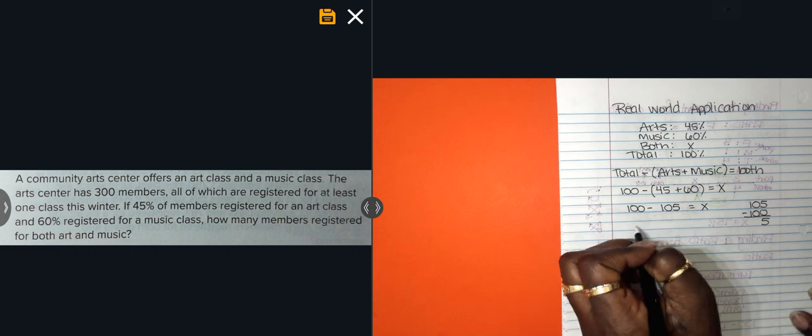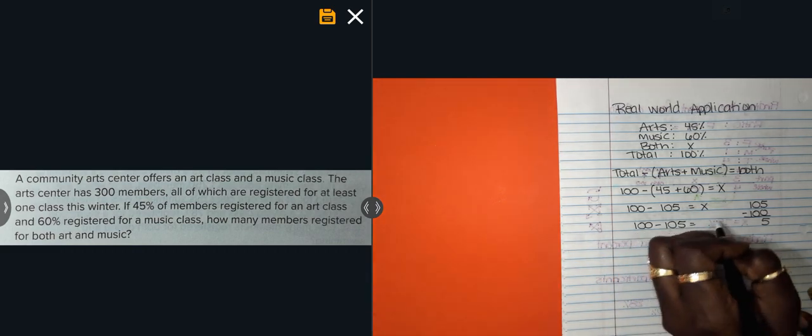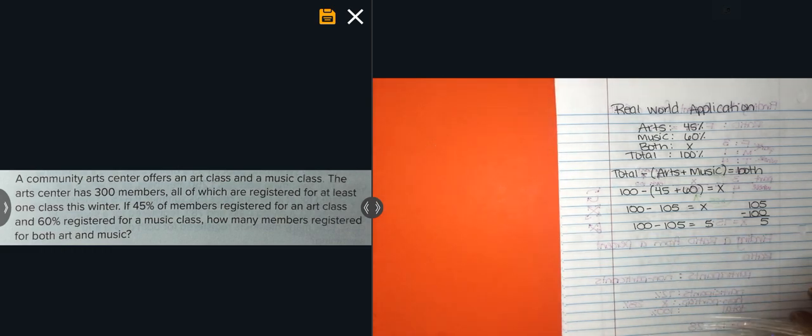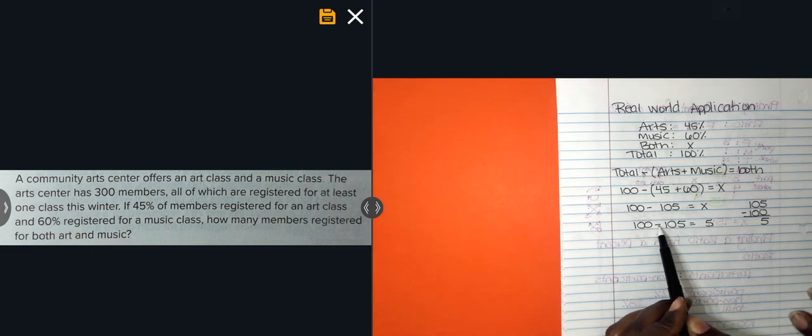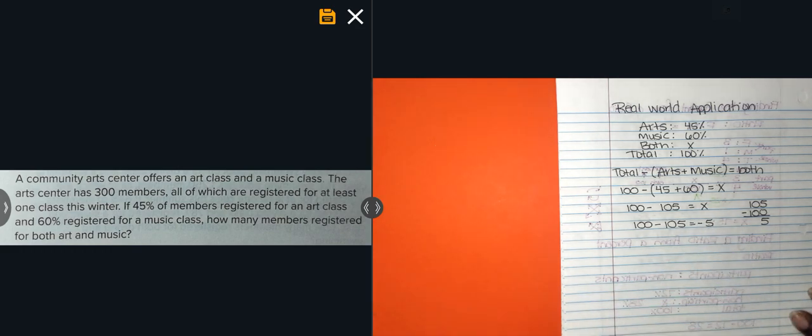And so what that means is 105 minus 100 is going to give us 5. And the value that had the larger number, that's what we're going to assign our sign to, right? So we have a positive 100 and a negative 105. So that would be negative 5, okay?